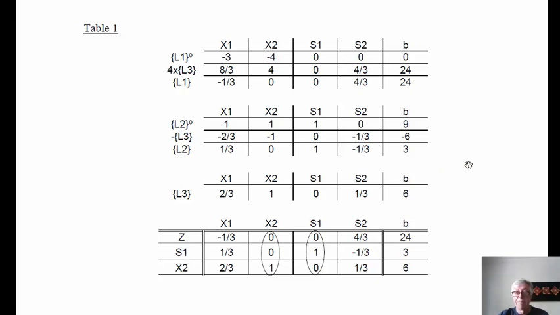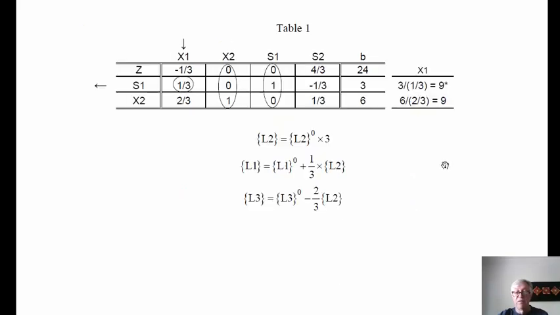Well, again, we look at this table. We can extract a solution. The solution, of course, is obtained considering these 2 variables, x1 and x2, as non-basic. So we will assign 0 to them, and then we extract the values of these 3: z is 24, s1 is 3, x2 is 6.